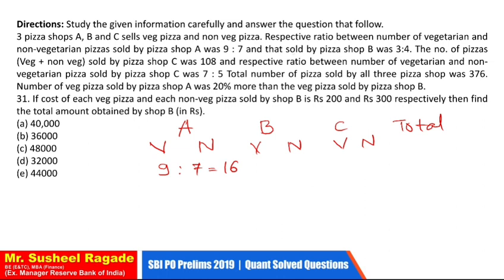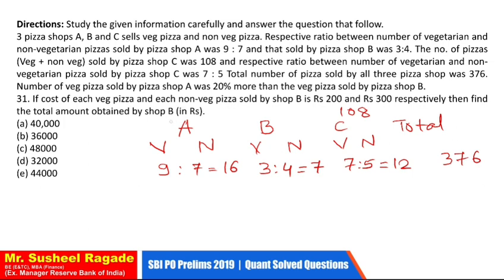In the second stage, the ratio sold by pizza shop B was 3:4. So the total is 7. The number of pizzas sold by shop C was 108, and the respective ratio between the vegetarian and non-vegetarian pizzas sold by shop C is 7:5, so the total is 12. The total number of pizzas sold by all three is 376.